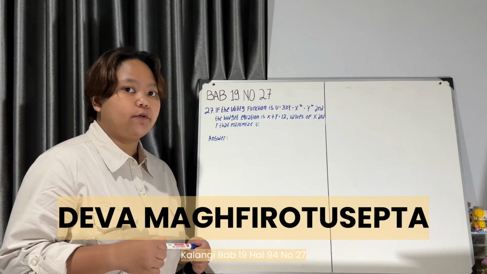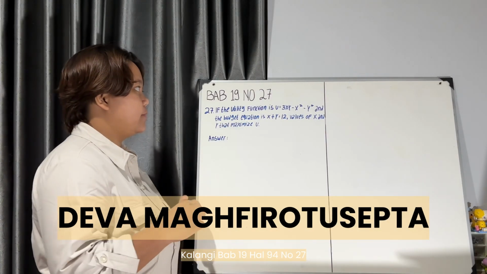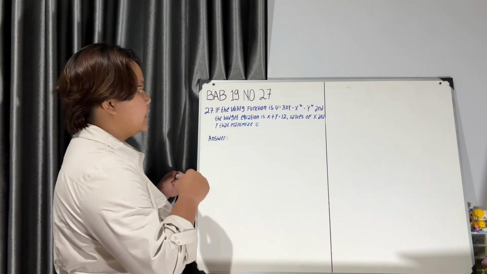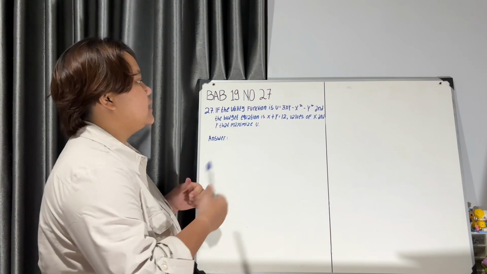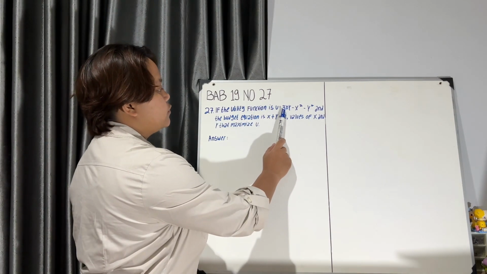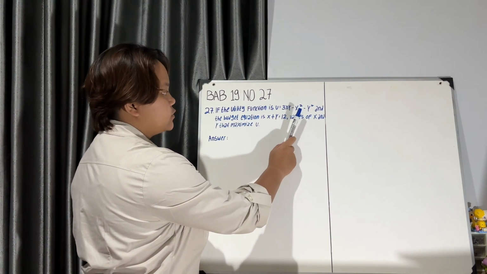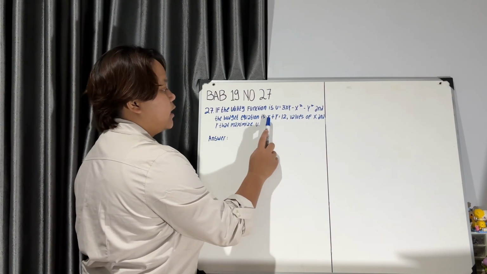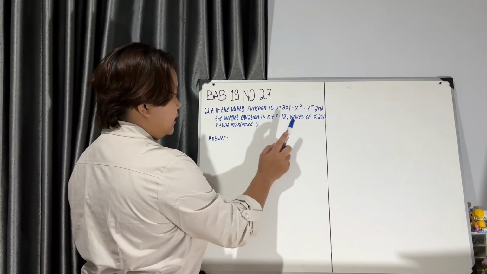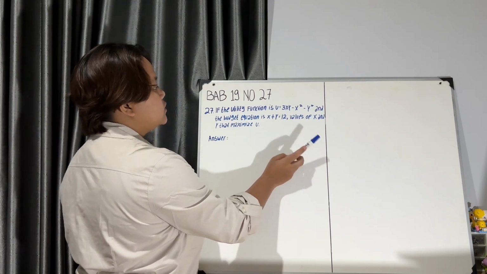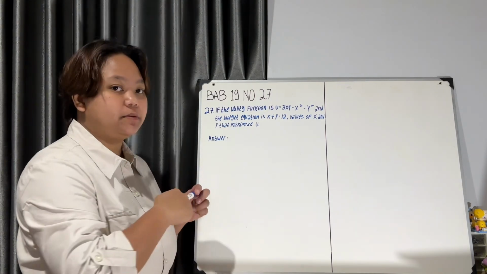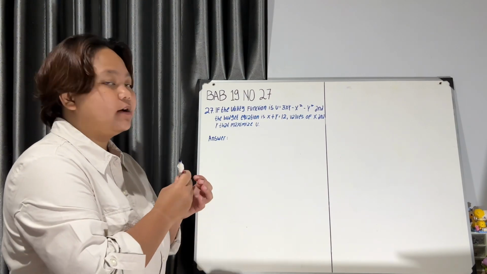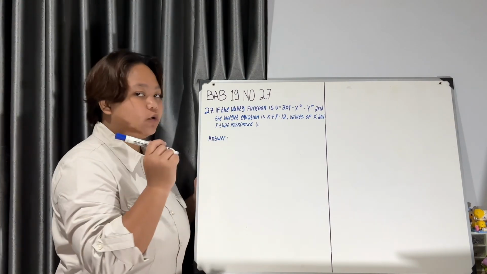Okay, so here I will answer the question of chapter 19, number 27. The question is, if the utility function is u equals 3xy minus x squared minus y squared, and the budget equation is x plus y equals 12, find the values of x and y that maximize u. First, write down the utility function and the constraint.